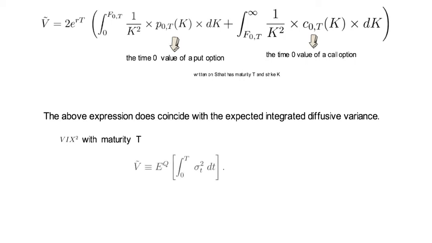And that also coincides with the expectation under Q of the integrated variance calculated as the integral from 0 to T of sigma t squared dt, where sigma t is the diffusive conditional variance of the underlying.